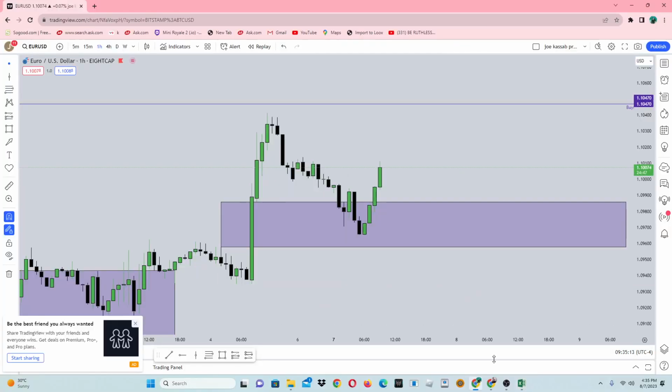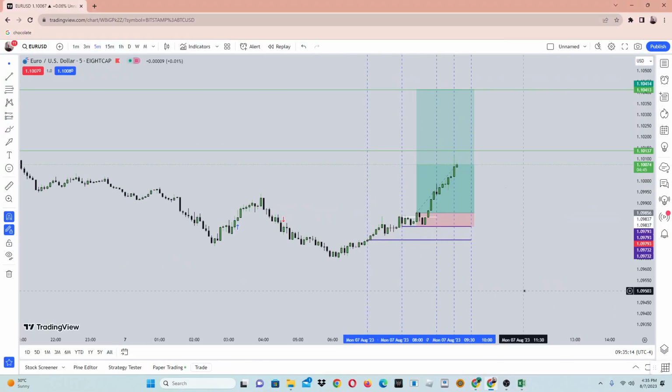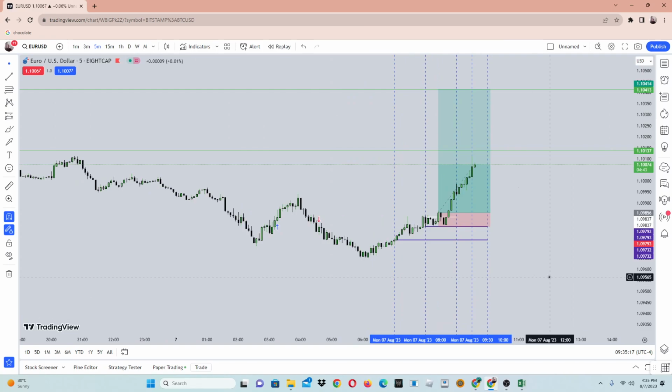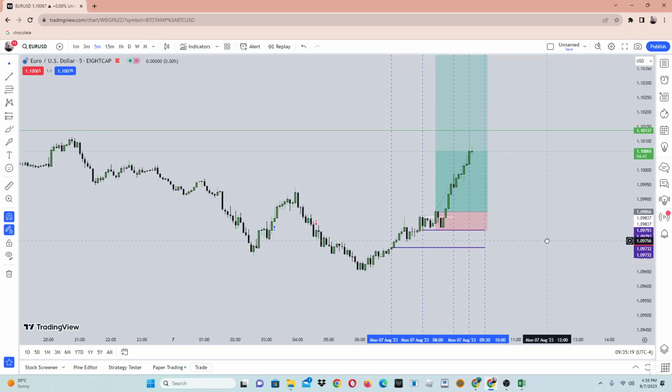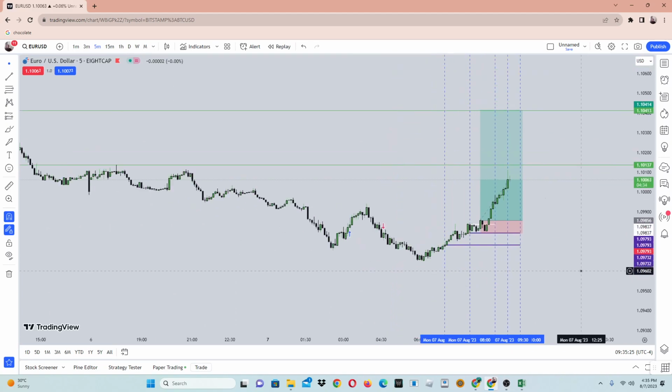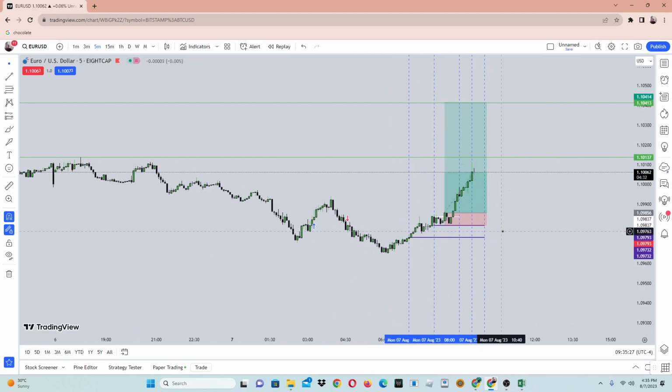So 2% loss per week is good for me. It's equal to taking a trade approximately every day, but what I'm aiming for is a very high risk to reward ratio.